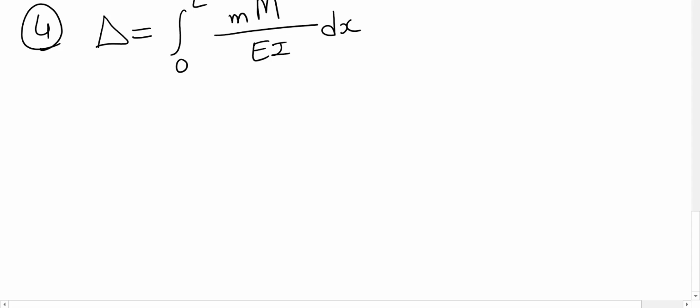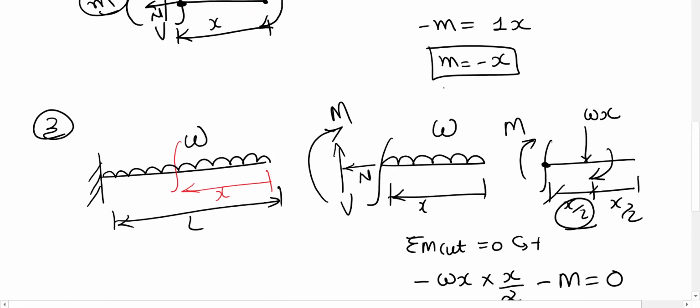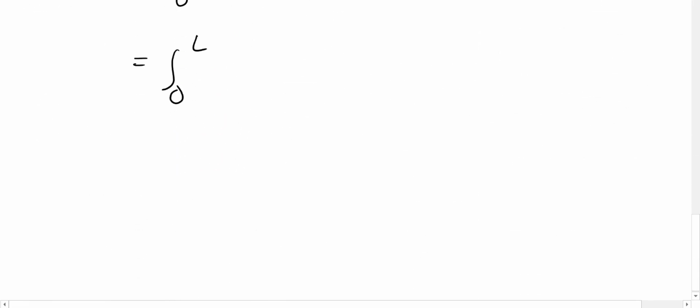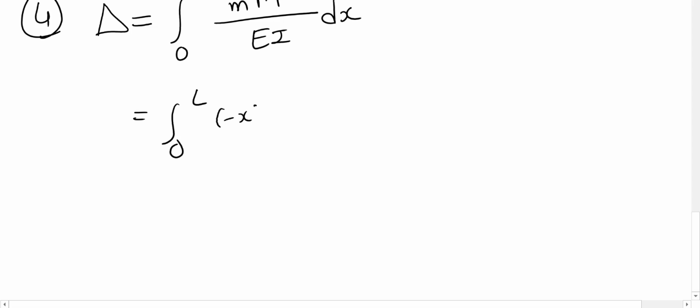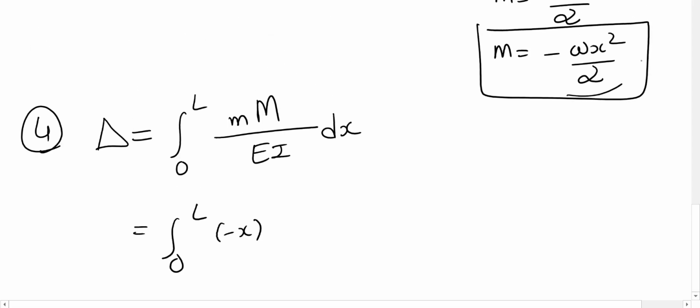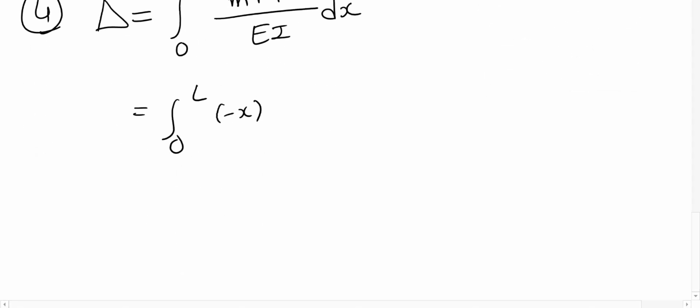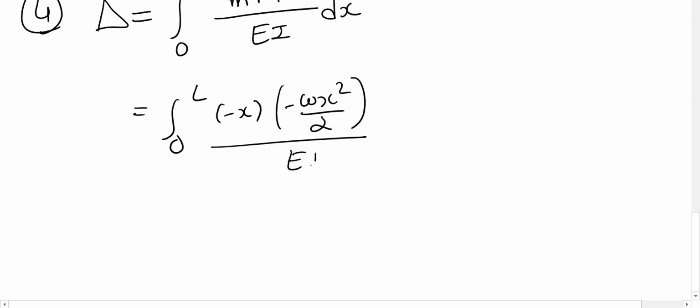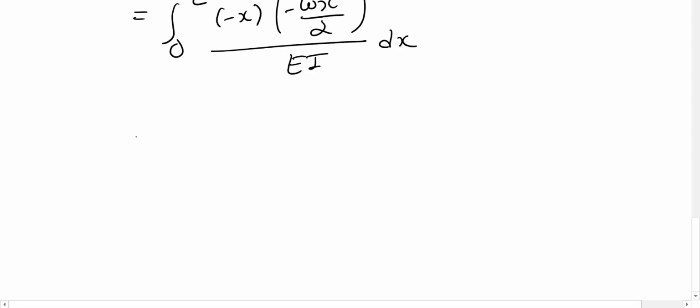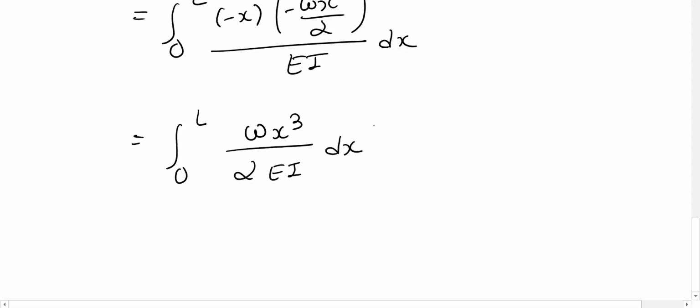Now we substitute the values: 0 to L, small m we calculated as minus x, and capital M we just found as minus wx squared on 2, over EI, dx. Minus minus is positive, so wx cubed on 2EI, dx.